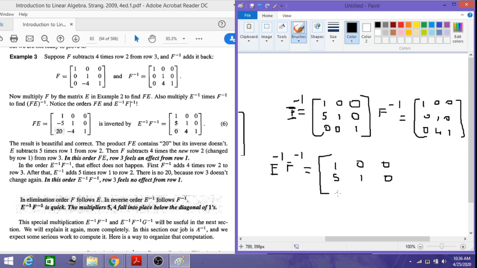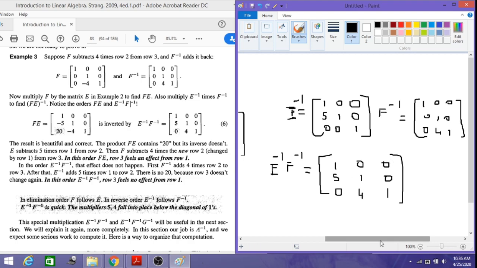The last term will be 0, the next term 0 and then 1, and the last term is 4.